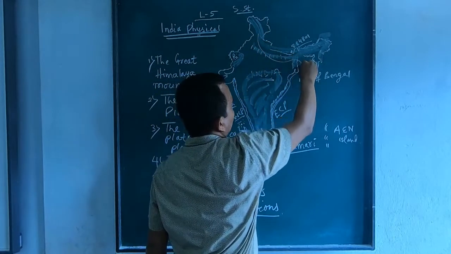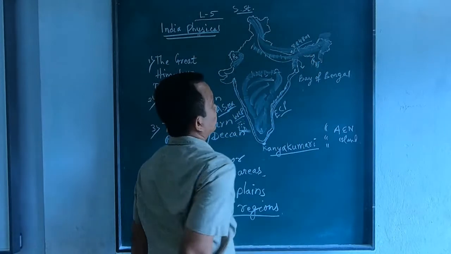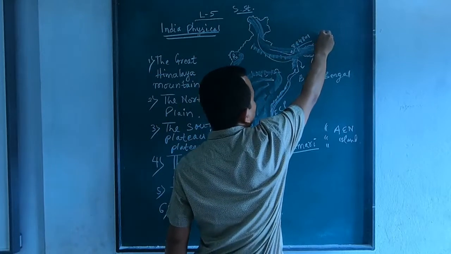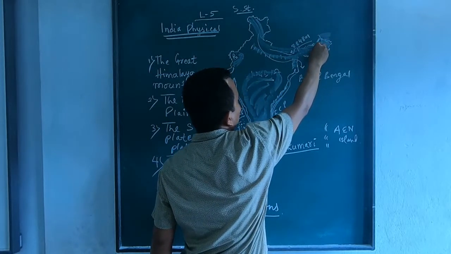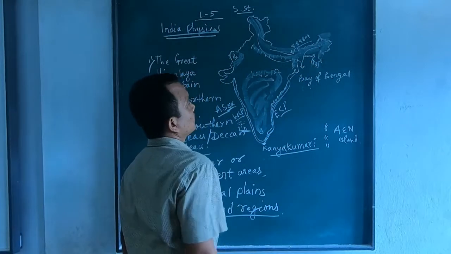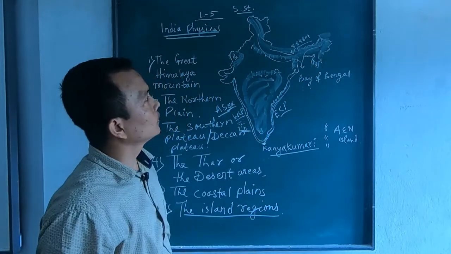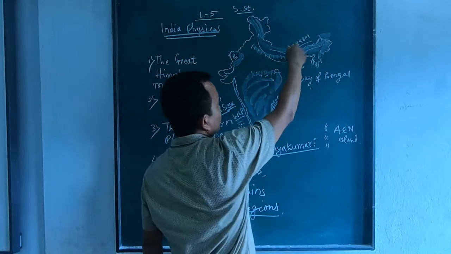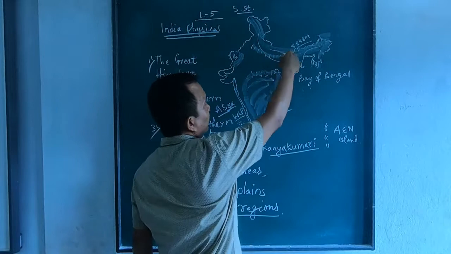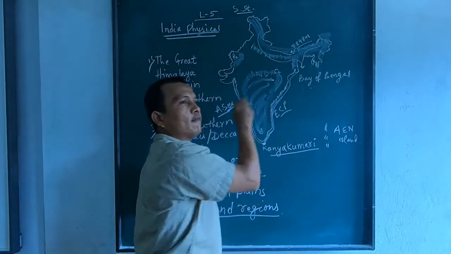This Ganga river falls in the Bay of Bengal. And Brahmaputra comes from China, enters Arunachal and Assam, enters Bangladesh again and falls in the Bay of Bengal. So these are the two main snow-fed rivers. These are from the Himalaya zone and fall towards the Bay of Bengal.